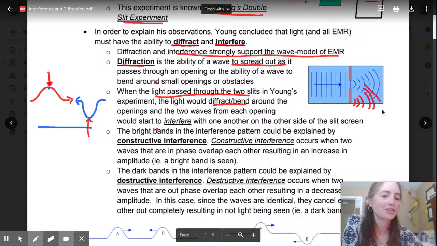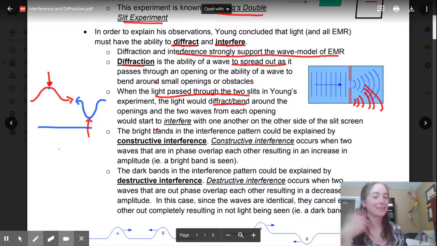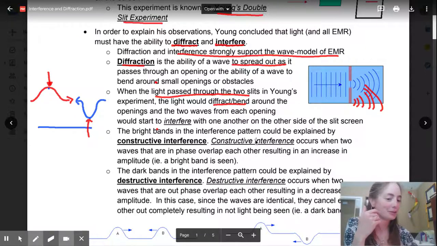The waves start overlapping with each other. And when light waves overlap, you get this noise-canceling headphone effect, I guess we could call it, or interference. I've got some more diagrams down here where we'll look a little more at interference. You're going to wind up with bright spots and dark spots. We'll talk more about that down here.